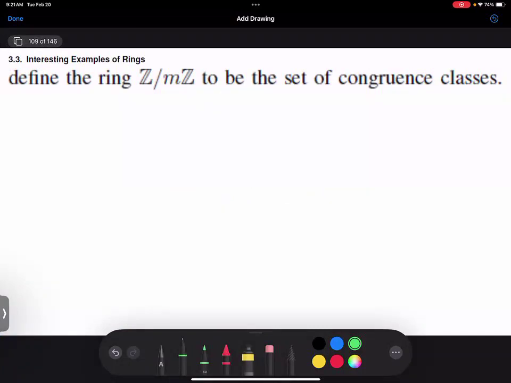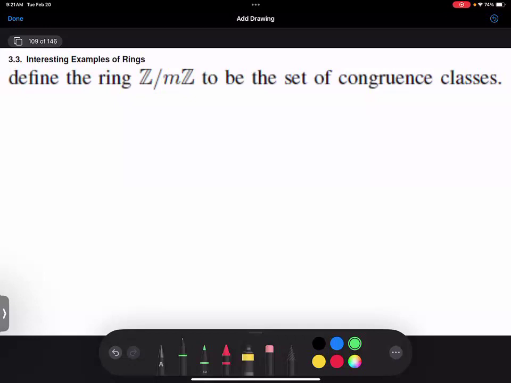And then right now, I want to talk a little bit about some interesting examples of rings. So we're going to define the ring Z mod mZ to be the set of congruence classes. Okay, so this is basically our clock mathematics. And so the question is, do we have a natural addition? Do we have a natural multiplication?